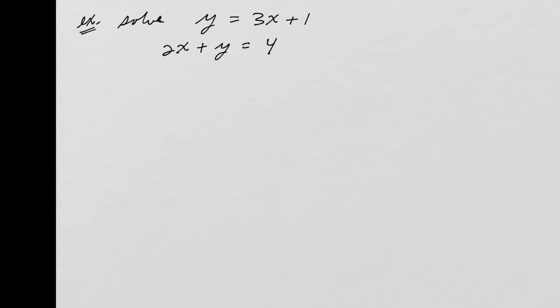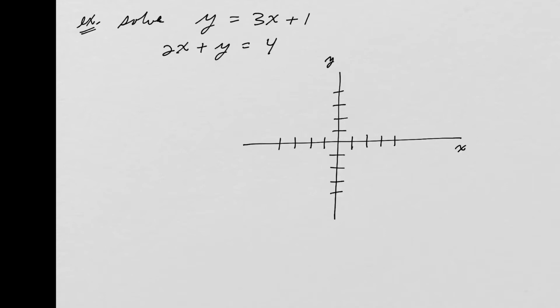Okay, so let's try this. What I'm going to do is create a table of x and y for each of those equations. So if I look at the first equation, this is the one, y equals 3x plus 1.